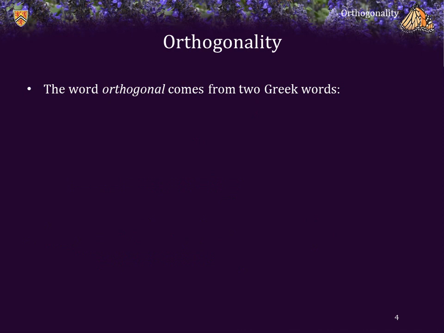Now, the word orthogonal comes from two Greek words. Ortho for right, as in orthodontist, that person who makes your teeth right, or perhaps orthodox, the right way of thinking, and gon for angle, as in polygon, having many angles.